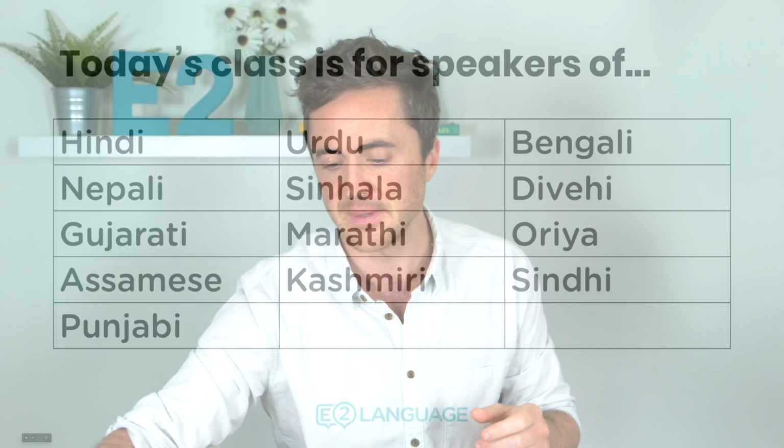We're going to look at the differences between English and your first language and some of the issues you have when you're trying to speak English, and some of the pronunciation issues in particular. So we're going to focus in on those issues to help you improve your pronunciation so you can sound more like a native speaker, and if you're taking a test, get a higher score in your test, okay?